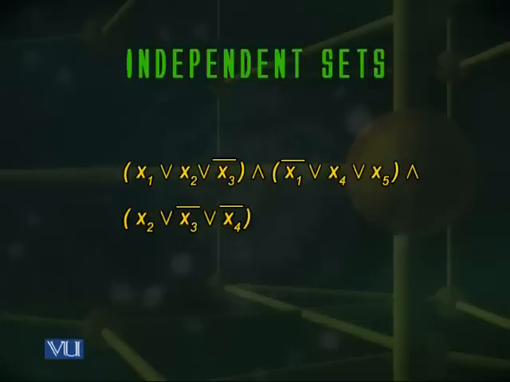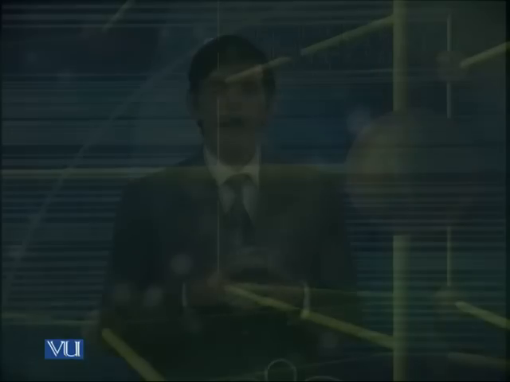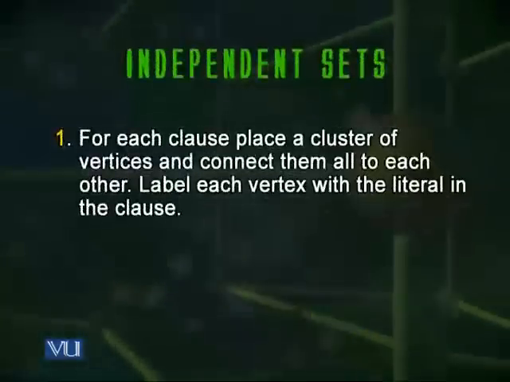So from this formula we'll make the following graph in the following way. I'm describing to you the way in which you will make this graph from this given formula. First of all, for each clause we will place a cluster of vertices and connect them all to each other. Each cluster will have 3 vertices, and these vertices will be labeled by the literals in this clause. So you'll go through this whole Boolean formula, and for each clause you'll make a cluster of vertices.